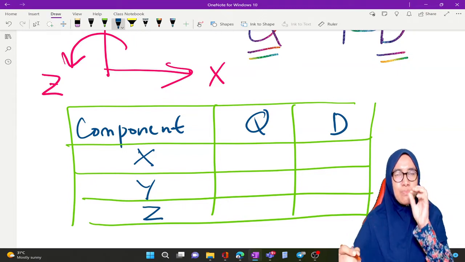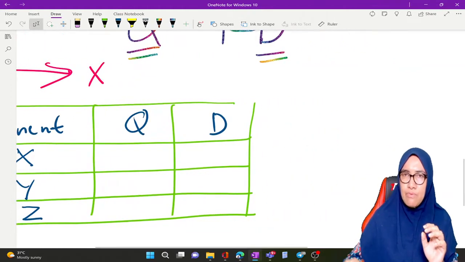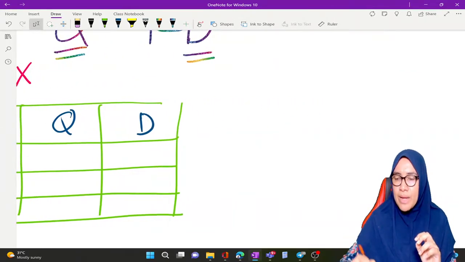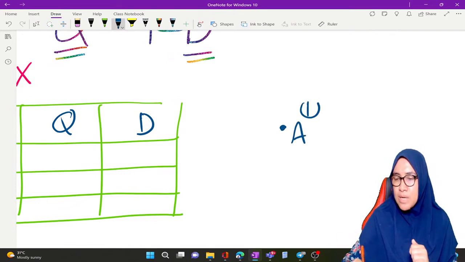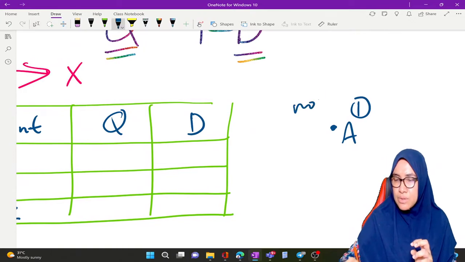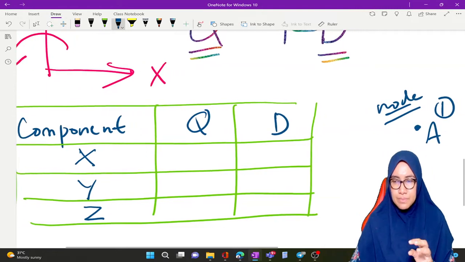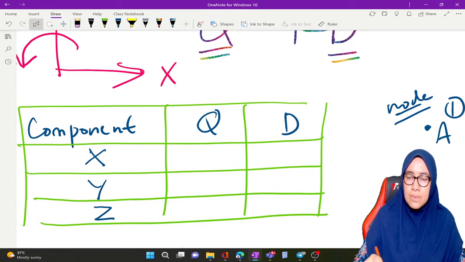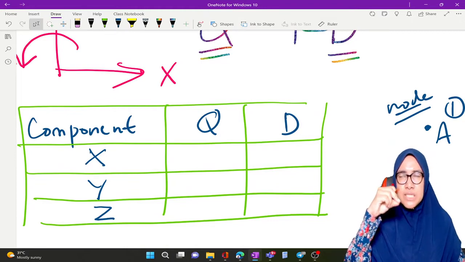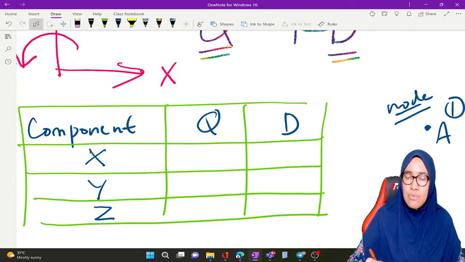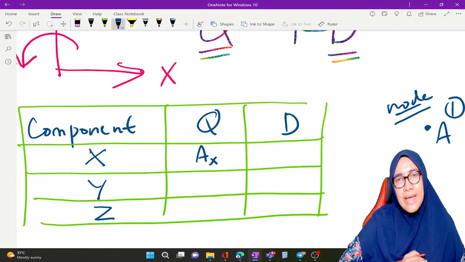Or if we relate with one point, point A for example, or this is node number 1, a node. If it is Q for node A, we always call it AX.